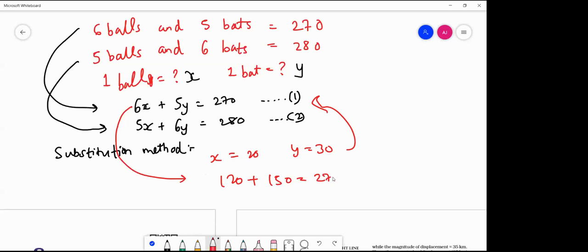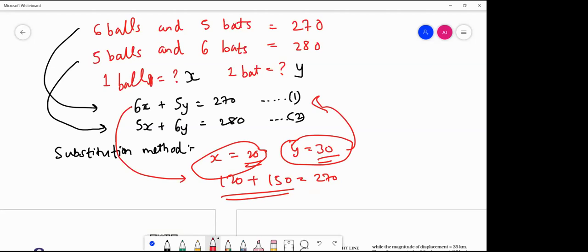If I add them, it will become 270. Means they are satisfying the equation. It means yes, this can be the value of x and y. Value of x can be 20 and value of y can be 30. So the cost of one ball can be rupees 20 and the cost of one bat can be rupees 30, something like this. So 20 and 30 will be the solution of equation 1 because they are satisfying the equation.